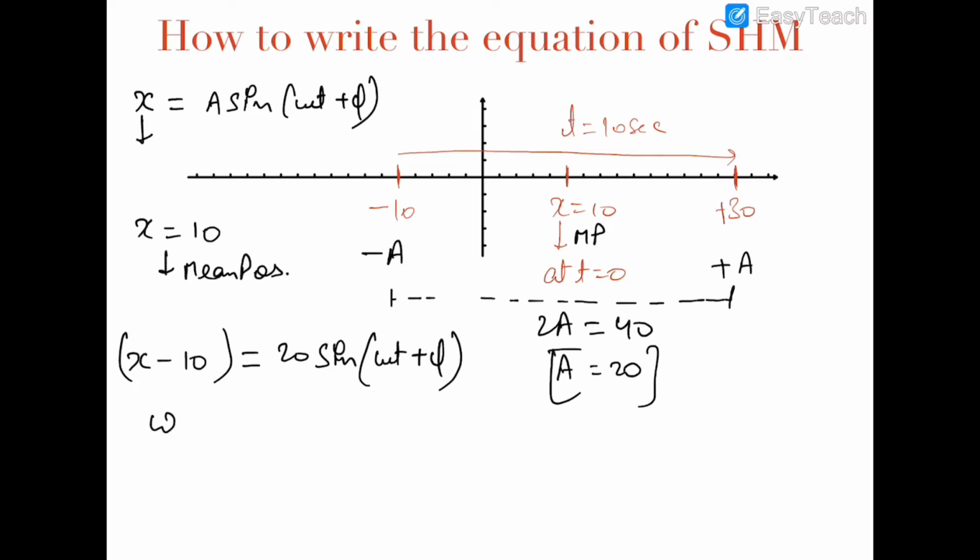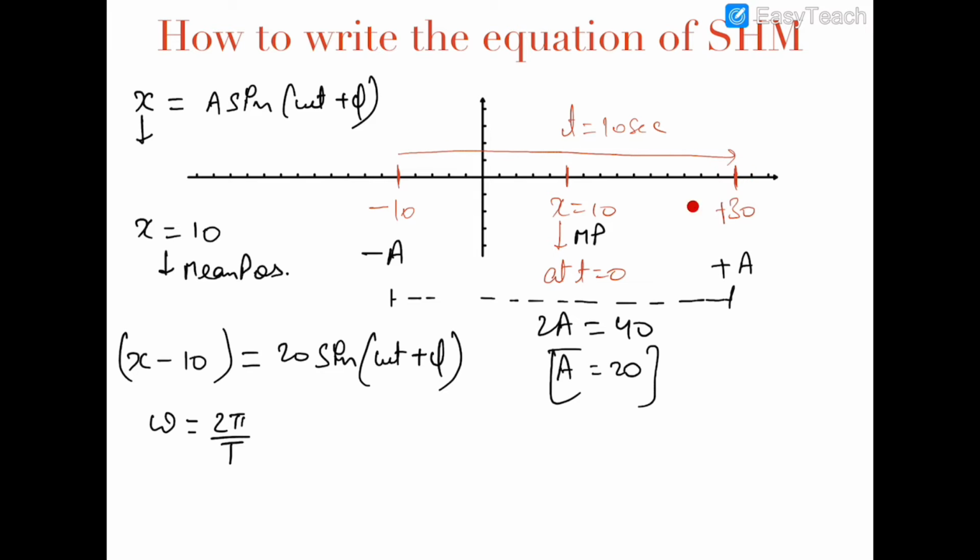This omega will be equal to 2 pi by T, where T is the time period of SHM. You can see that the particle is moving from -10 to 30 in 10 seconds. So the time taken by the particle to move from -10 to 30 is T by 2, the half cycle, and the time taken by the particle to move back from this position to this position is again T by 2.